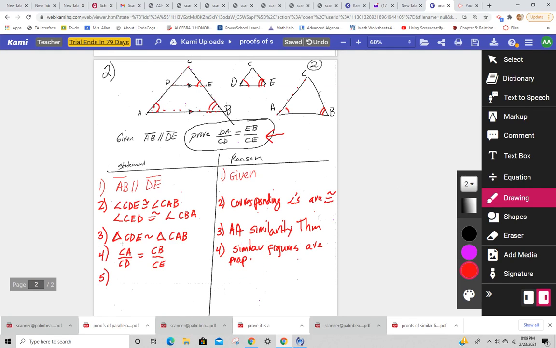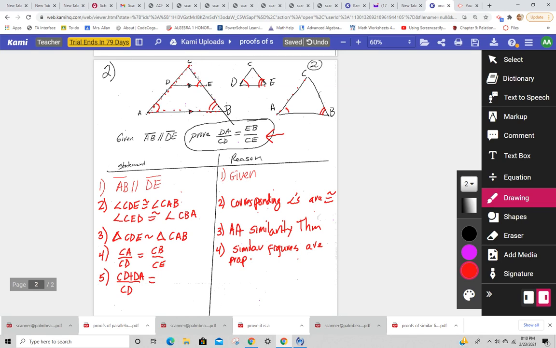Okay, so now all we have to do is rewrite CA. Well, CA, isn't that the same thing as CD plus DA? So that's what we're going to do. We're going to replace CA with CD plus DA over, we'll leave the bottom the same, CD equals, we'll do the same thing with CB.